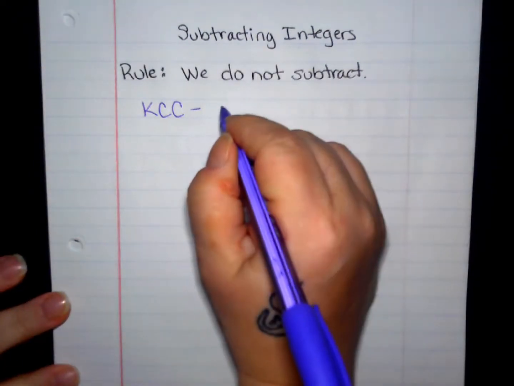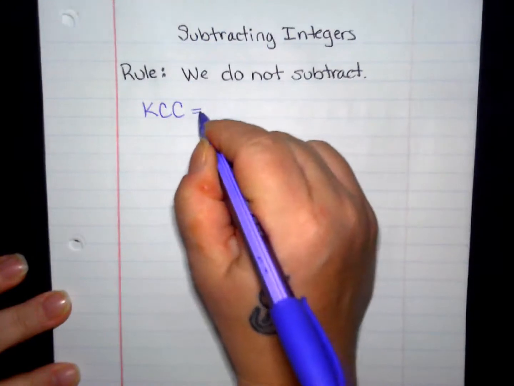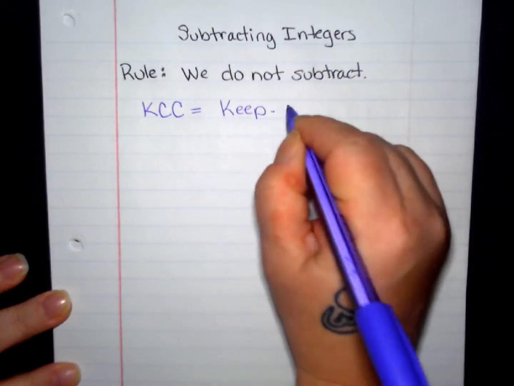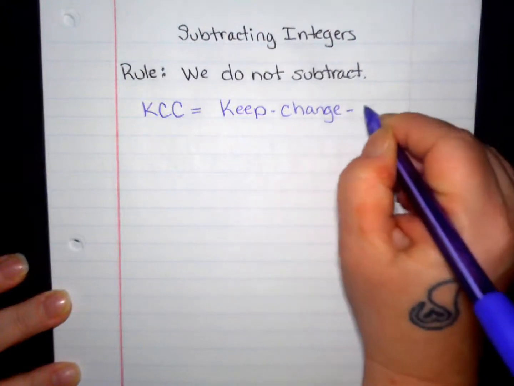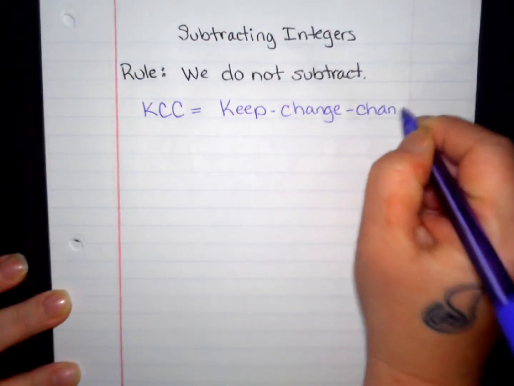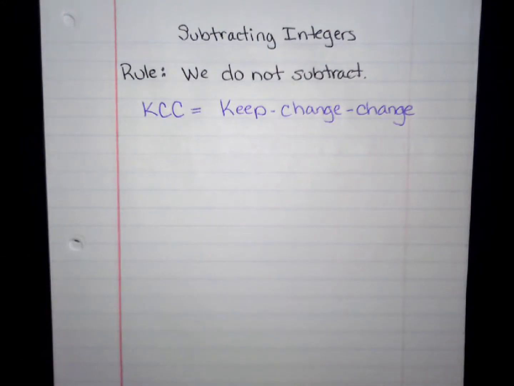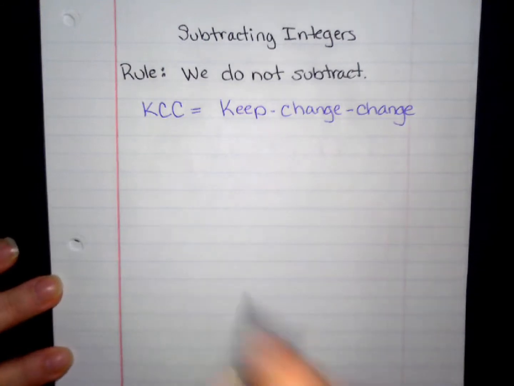And it's very similar. In fact, you're going to see in a second. So KCC equals keep, change, change. Okay? So it's very, very similar. Okay? And so I'm going to show you an example really quick.